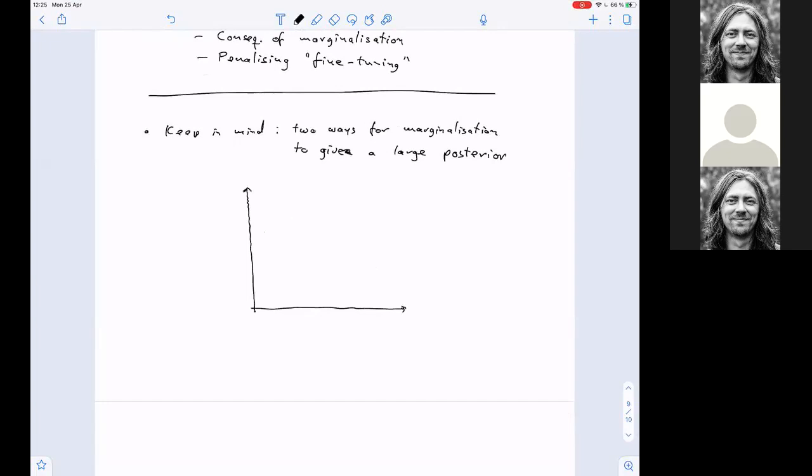So say I have a 2-dimensional posterior, 2 parameters, theta 2, theta 1, and say that I'm viewing my posterior distribution from above, and say it looks something like this, where it's peaked in this region, something like that. Then it falls off outwards here. Not the best drawing that you see, but I think you get the idea.